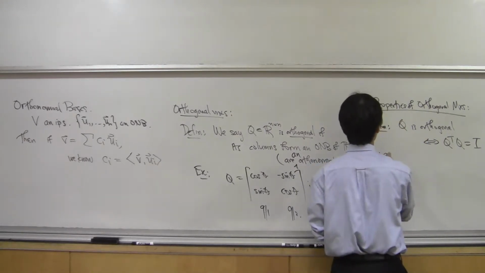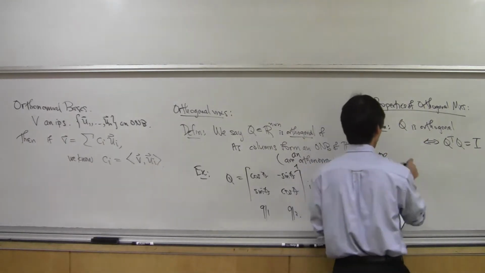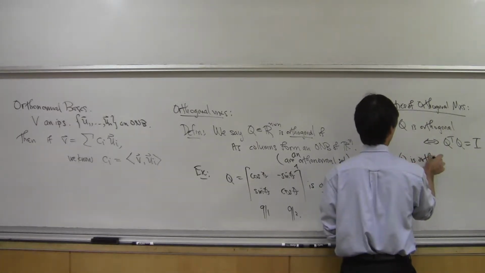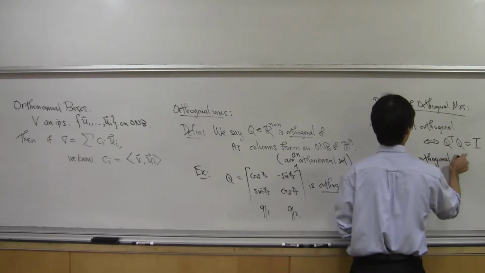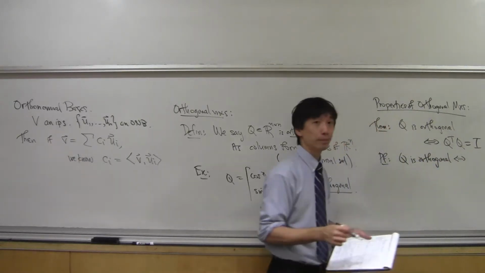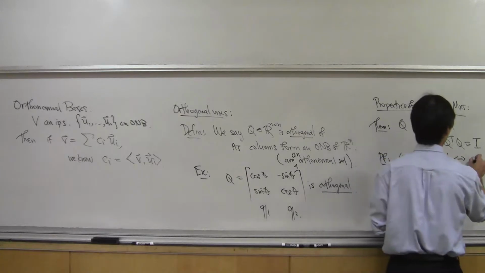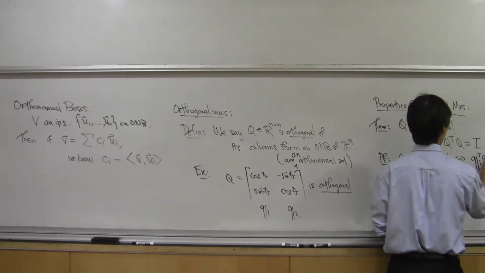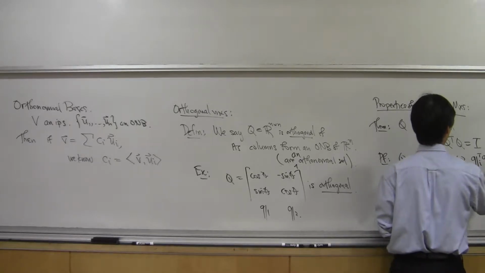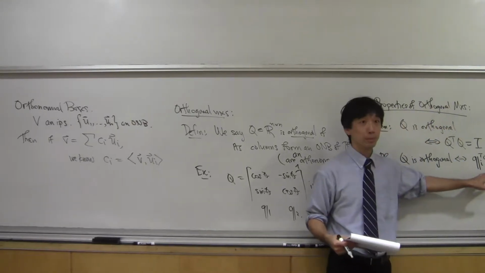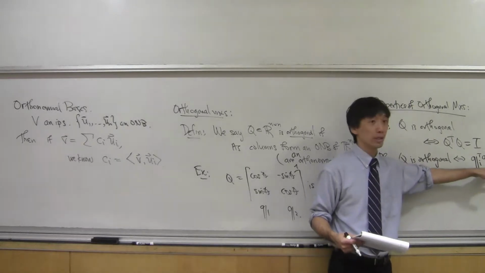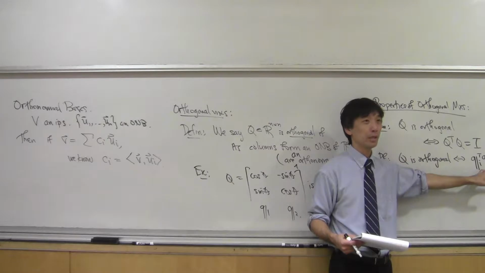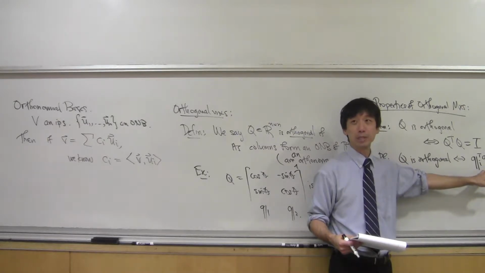And the proof of this is you say, well, look, Q is orthogonal if and only if the inner product, the dot product of columns, is the Kronecker delta function: 1 if i equals j, and 0 if i doesn't equal j.